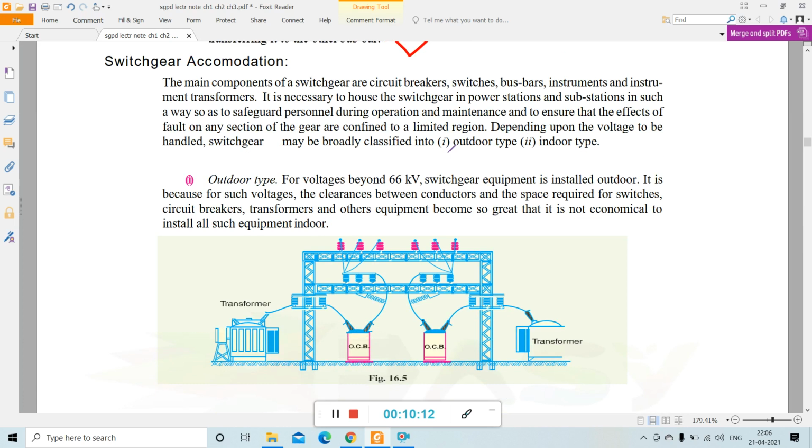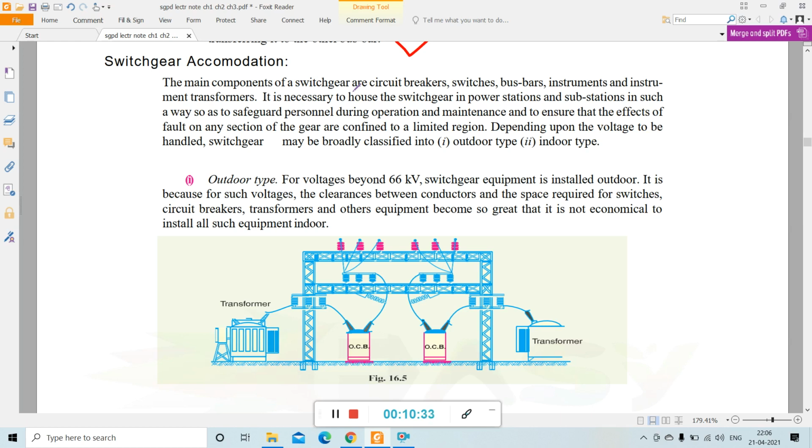Then switchgear accommodation. Switchgear accommodation: the main components of switchgear are circuit breakers, switches, bus bars, instruments, instrument transformers. Accommodation means where we have to settle or install all these components.